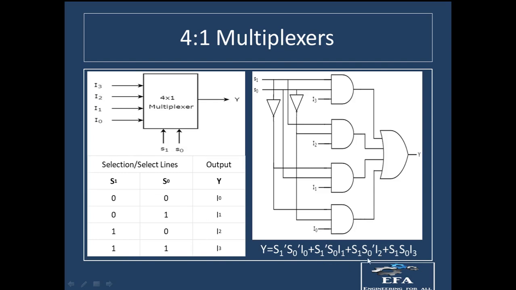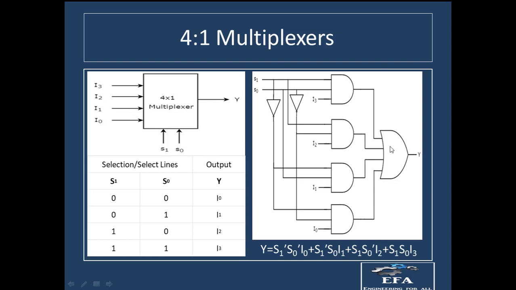After getting this Boolean expression, we have to make the circuit diagram, and that will be something like this. You can see that we need the complement on S1 also and S0 also. After that we need at least 4 AND gates and one OR gate.